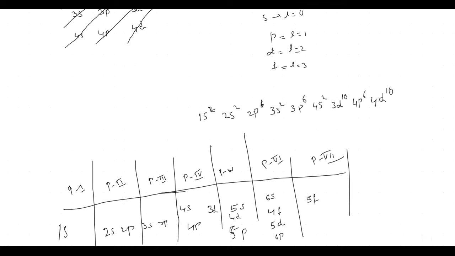Whereas in rotational spectra, for rotation of the molecule, the energy levels are separated by 0.001 electron volt.